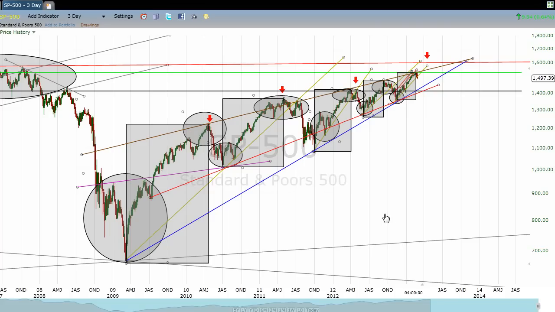So what I've come up with is this chart that has 1, 2, 3, 4, 5 rectangles in it. Each one starts at either a major or an intermediate bottom, then ends with an intermediate top.